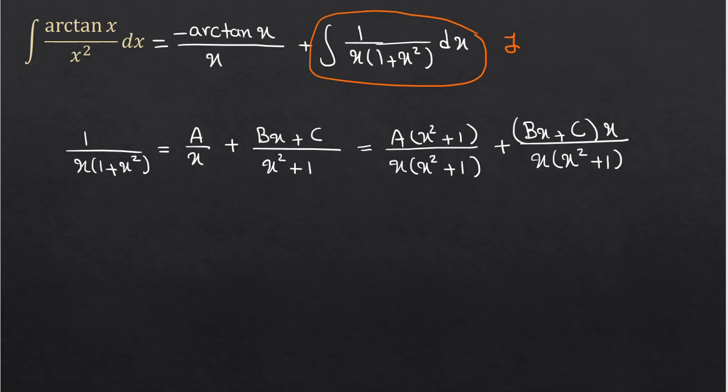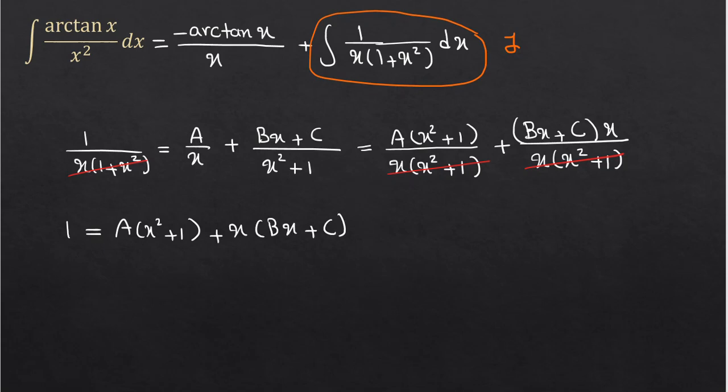Now all the denominators cancel out, so I will have that 1 is equal to a times x squared plus 1 plus x times bx plus c.